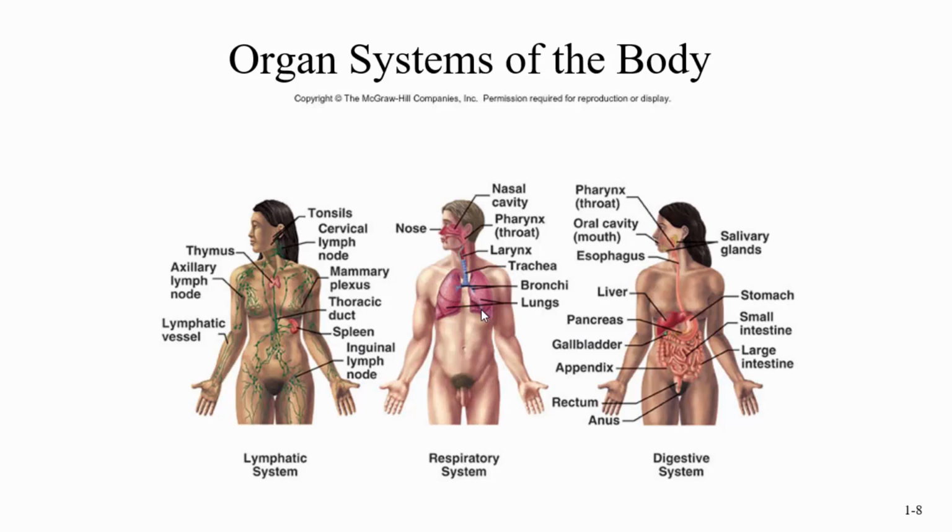So we give off carbon dioxide, we take in oxygen. But there's other functions as well for the respiratory system, such as pH balance of the blood and such. Now, that and the digestive system and the lymphatic system, that's all second semester stuff.